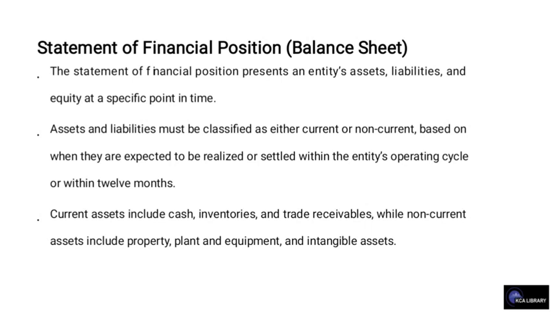When we say realized, it's for assets, and settled is for liabilities. Current assets include cash, inventory, and trade receivables, while non-current assets include property, plant, and equipment, and intangible assets.